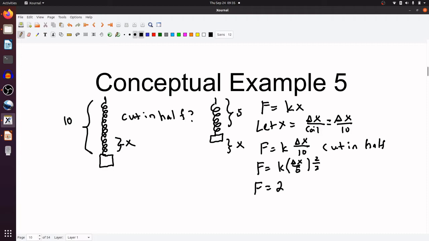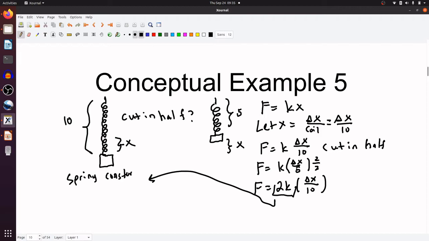And that 2 will pull out here, and that becomes 2k delta x over 10. So now we have the same exact setup, except the fact that there is a 2 in front of the spring constant. That, interestingly enough, has implication, in that the spring constant of the shorter spring is twice that of the original.